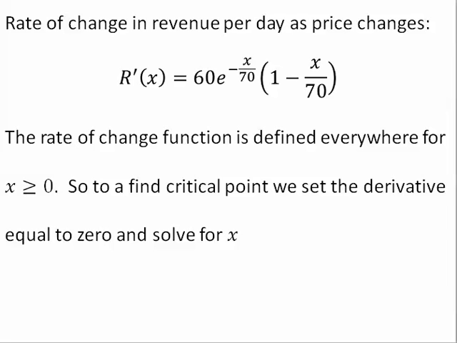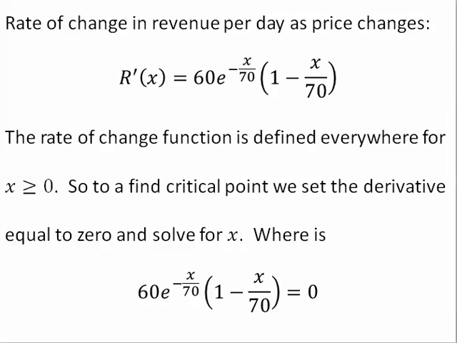So we're looking at how revenue changes with respect to price. The rate of change function, R prime, is defined everywhere for x greater than or equal to 0. So to find a critical point, we're going to set the derivative equal to 0 and solve for x.